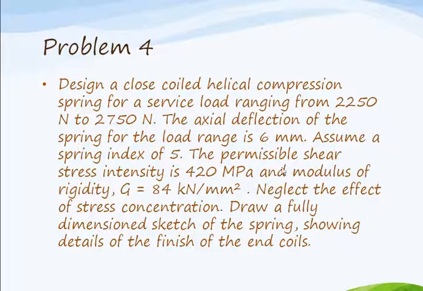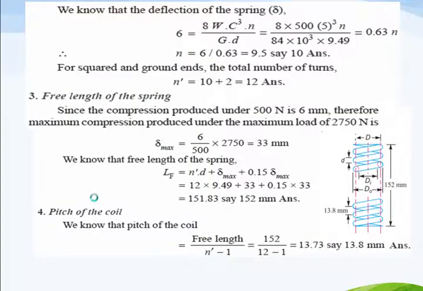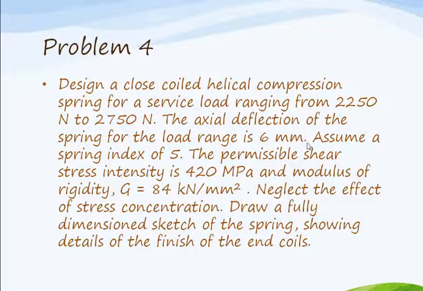In yesterday's lecture, there was a problem. We got W as 500 newtons. In the problem it is given that the axial deflection of the spring for the load range is 6 mm.